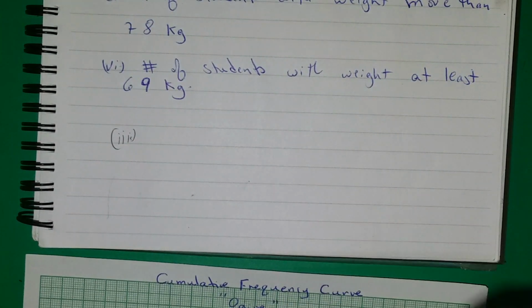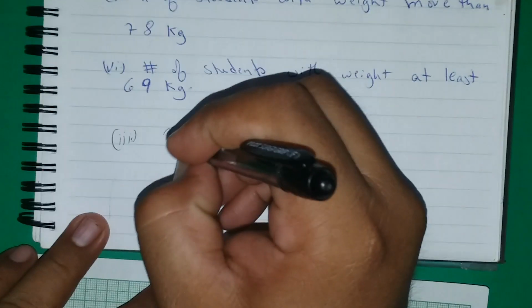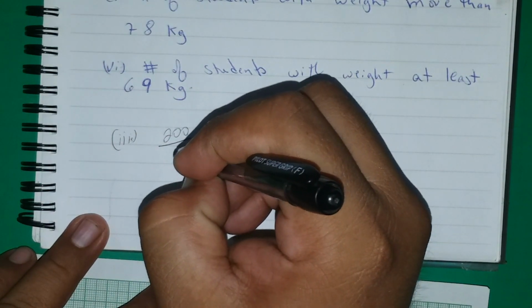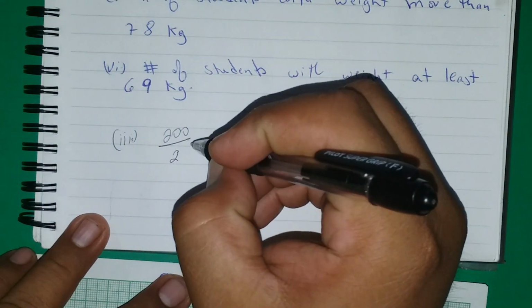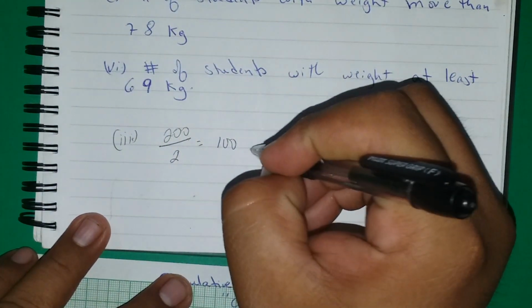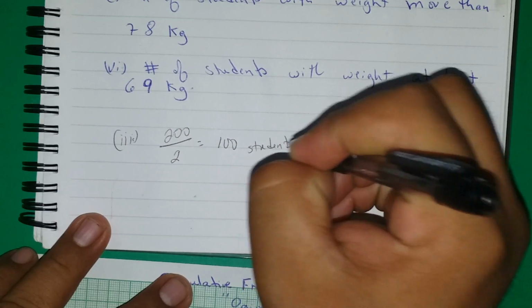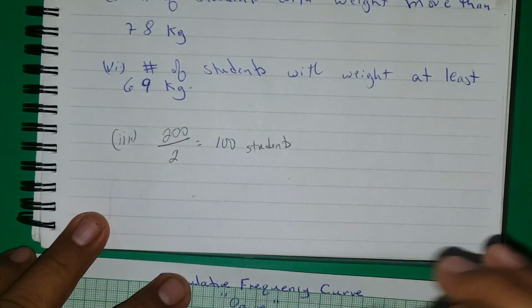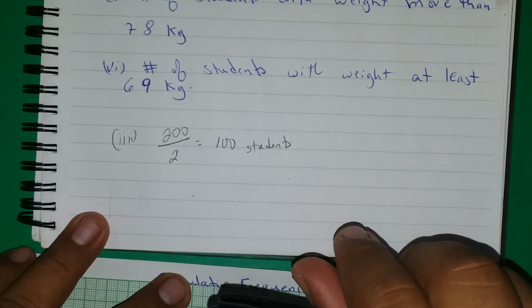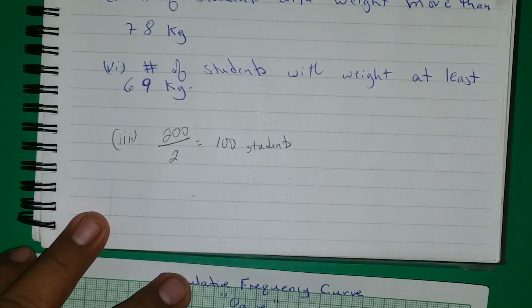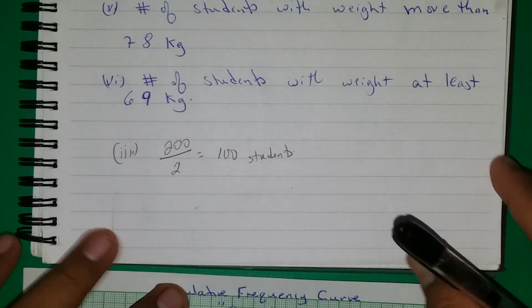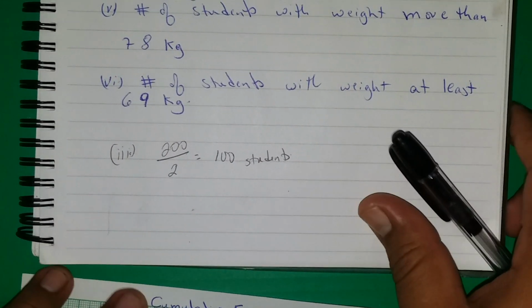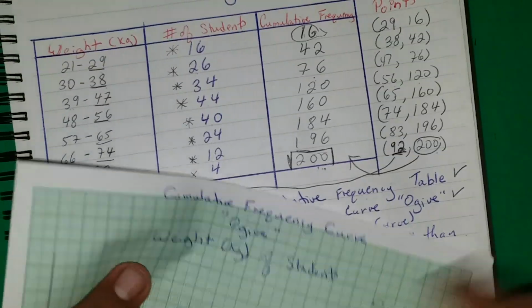The estimated median is going to be 200 divided by 2, which equals 100 students. Since we know there are 100 students within the questionnaire or survey, we say 100 students divided by 2, which gives me half of it. That's going to be 100.